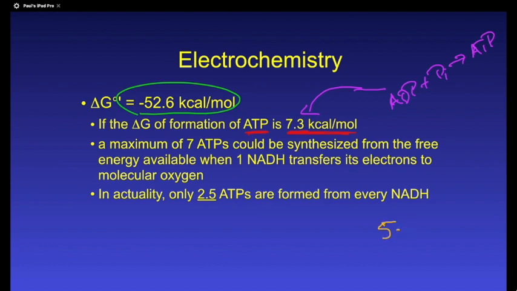52.6, divide it by, and it's not kilojoules, I'm sorry, it's kcals, which is a nutritional calorie actually, per mole.